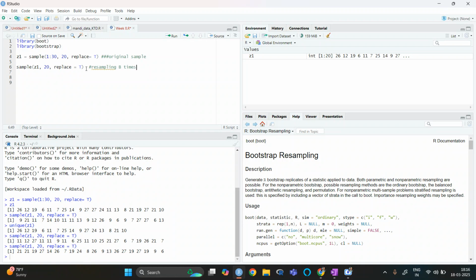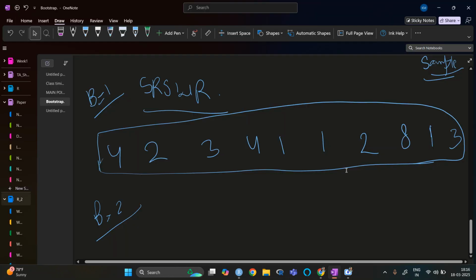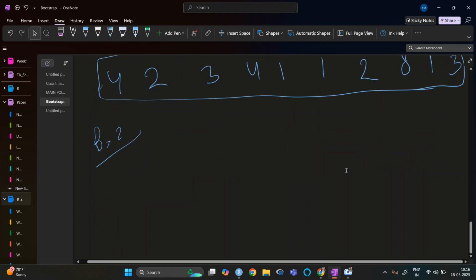So is it understood? Yes, ma'am, please. So this is bootstrap methodology. In that, we take this as the original sample of size N, and then we take B bootstrap samples out of it.